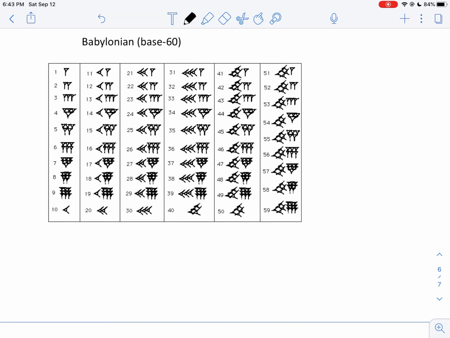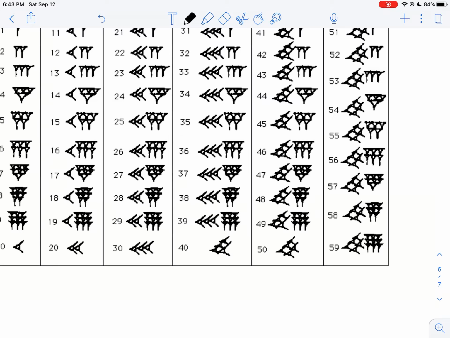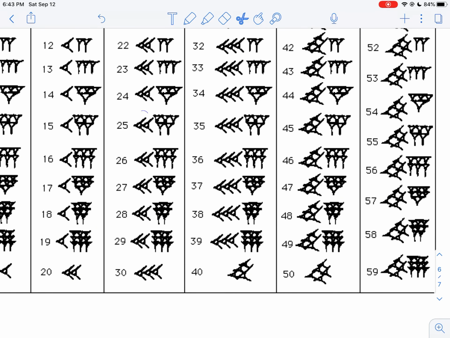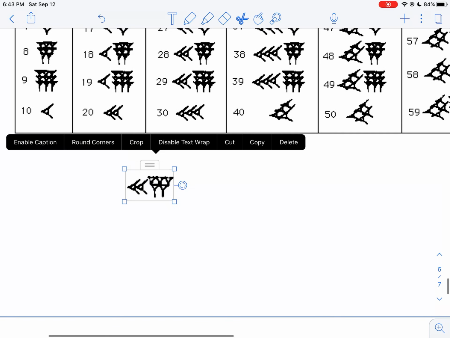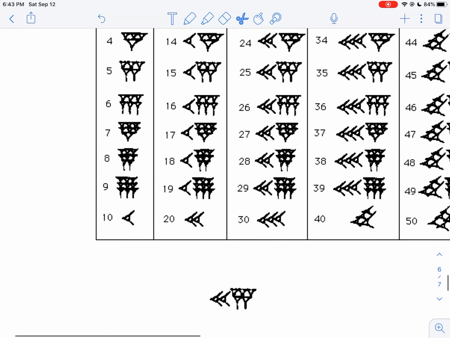So if I were to do the following as an overall combined, let's grab, I think I can copy paste. Let's grab this symbol right here. Copy and paste that down here. Then I'm going to take this symbol right here.